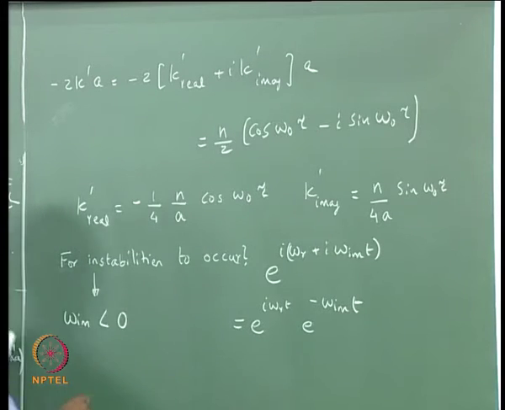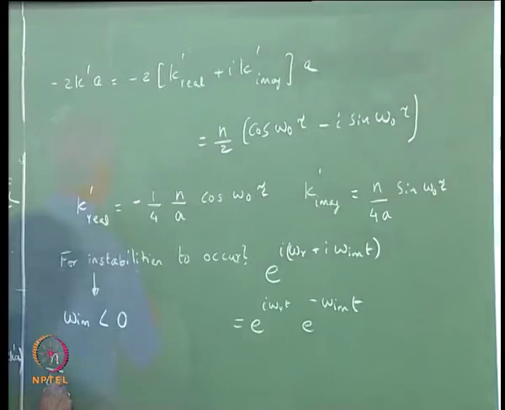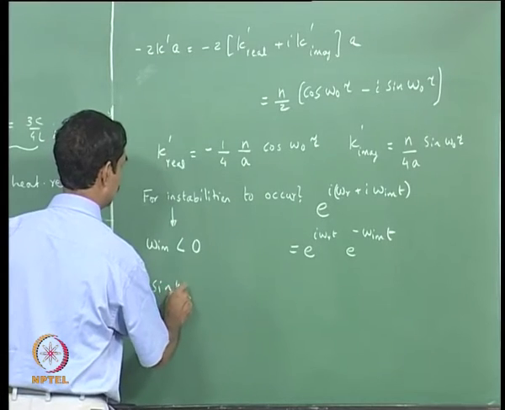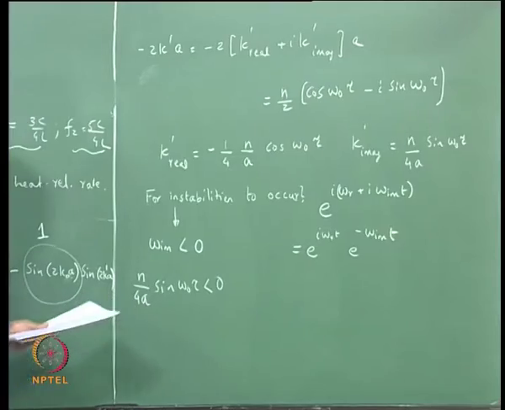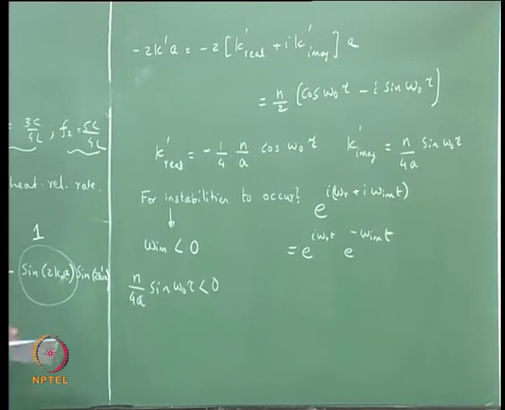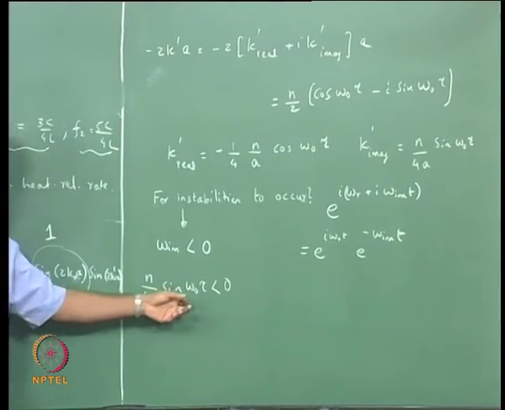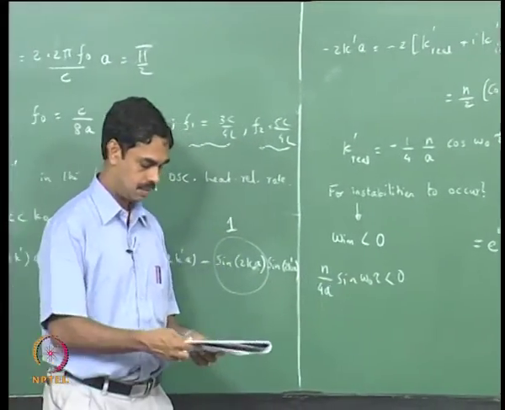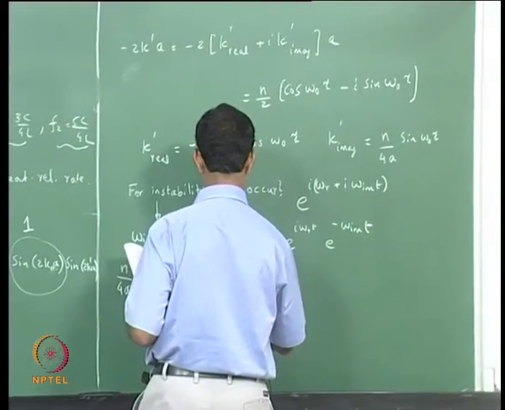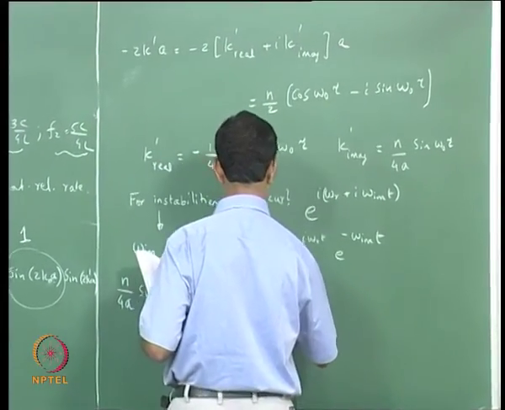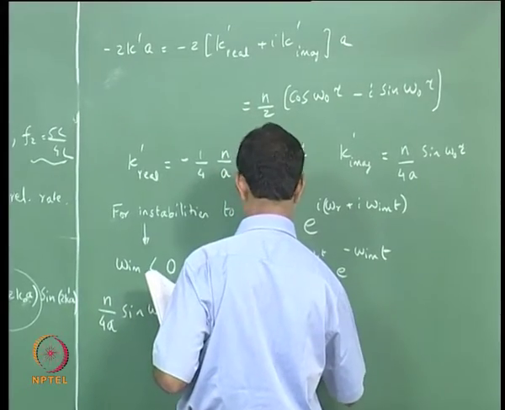We should mean n over 4a sin omega naught tau should be less than 0, or sin omega naught tau itself should be less than 0. That would mean that minus pi less than omega naught.